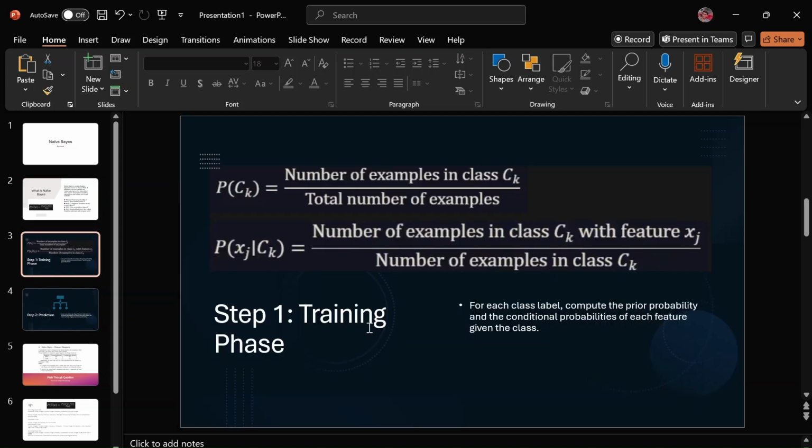So the first step in naive Bayes is the training phase. What happens in the training phase is for each class, you compute the prior probability and the conditional probability of each feature. So that can be represented using the two equations that I have.